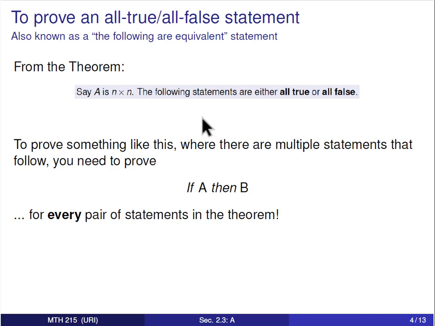If A were the last statement in the list and B were the second statement, you would still need to show that if A, then B is a true statement. All right, so again, this class is not necessarily about proving things, but there are some interesting ideas here. And certainly if you take a look in your text, you're going to see this sort of structure in the proof of the invertible matrix theorem.